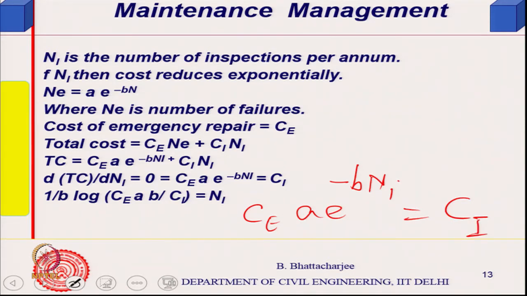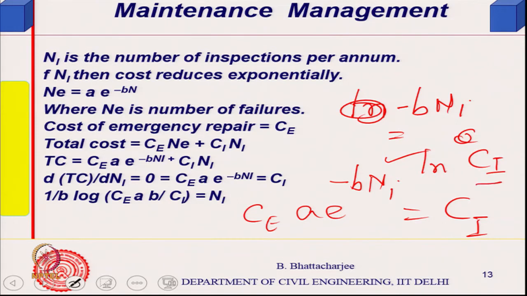Therefore, I can find out Ni by taking ln both sides. So B Ni will be equal to ln of A B Ce by Ci.